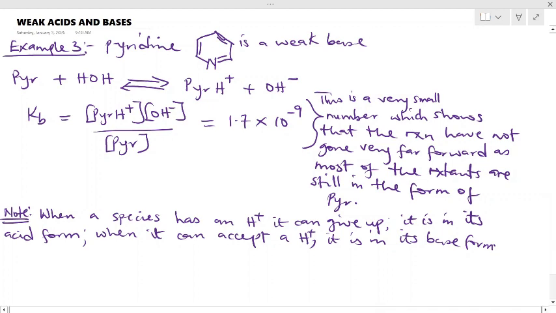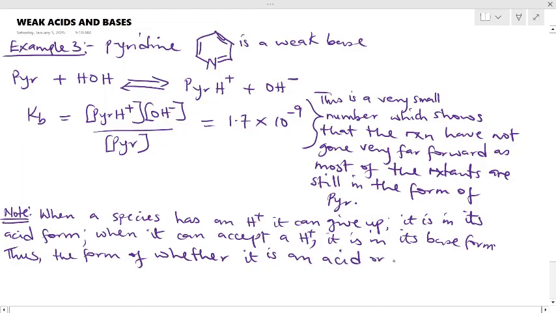Thus, the form of whether it is an acid or base is not absolute.